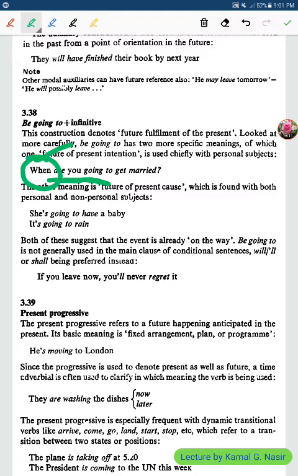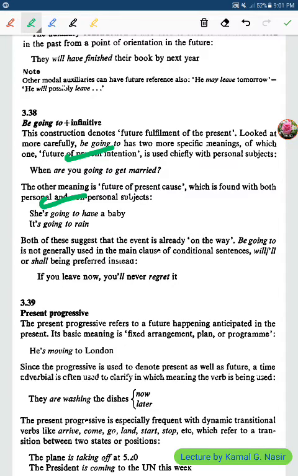When are you going to get married? This is the use of going to get. Get is the infinitive, to ask about the future.